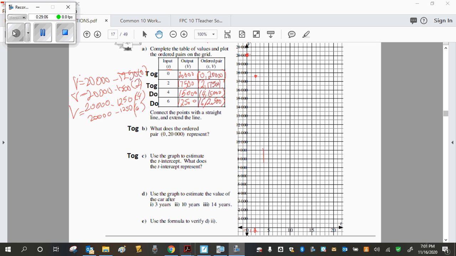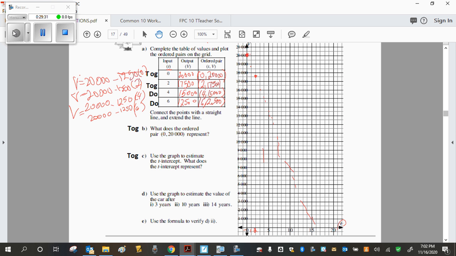Okay, now you've thought about B, and I'll give you the answer soon. C says use the graph to estimate the t-intercept. Okay, well, t is right here, and where your graph hits it is going to be, I don't know if I should attempt this. You're going to draw a line. It's going to be a straight line. No, that's not very good. All right, keep laughing.